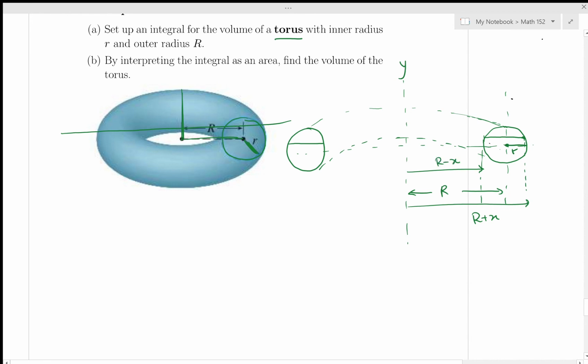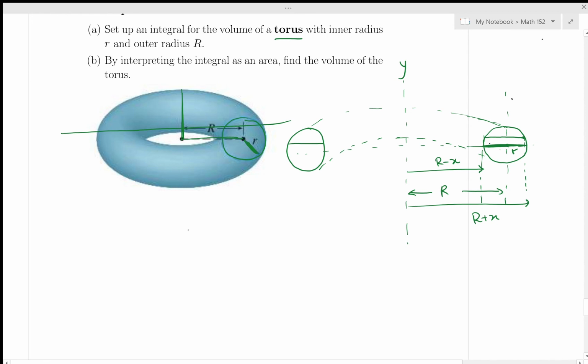And we're going to integrate from minus little r to plus little r, so we're going to integrate across here. Pause, think about the geometry of this situation. The hard part is thinking about exactly where everything is and keeping track.